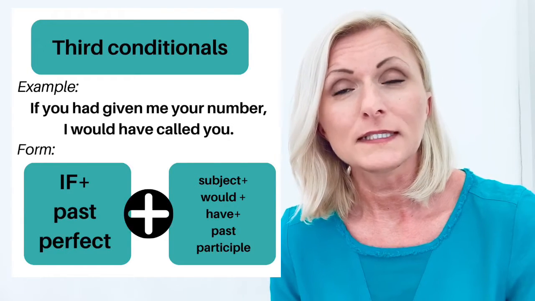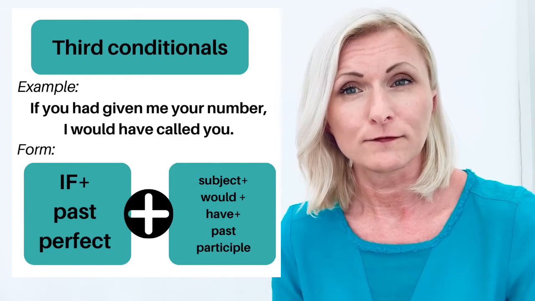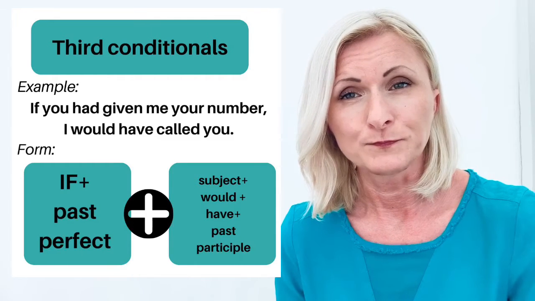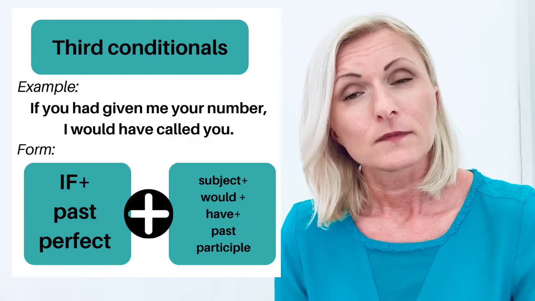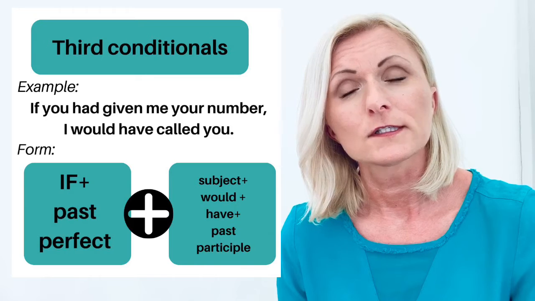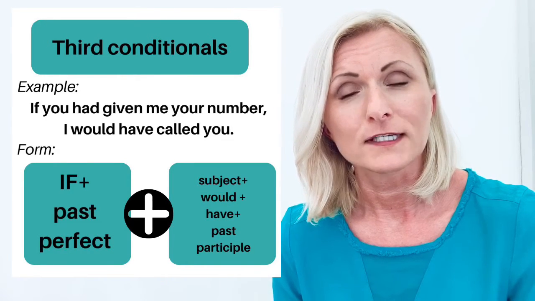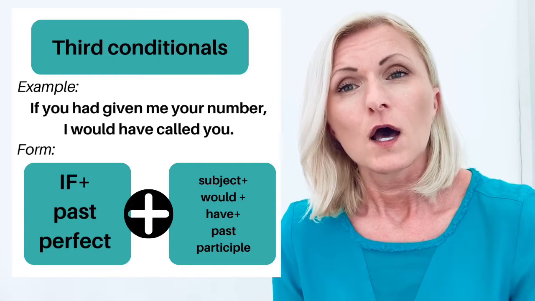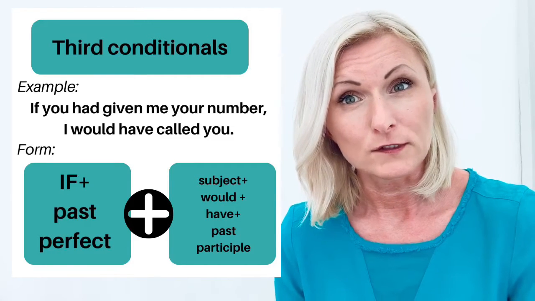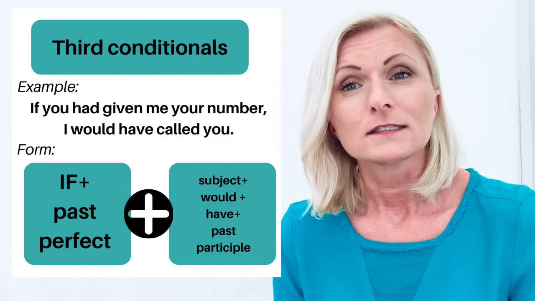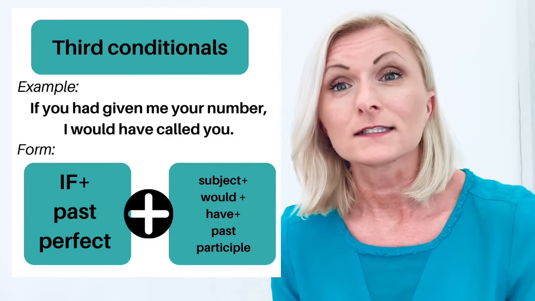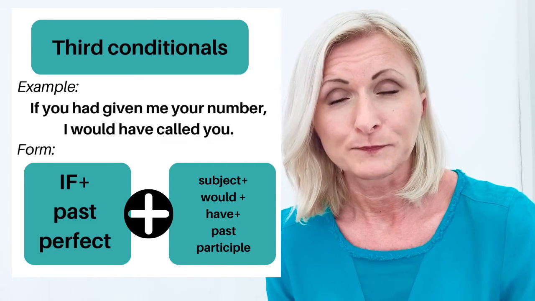So would have been, would have seen, would have finished, and so on. So remember that the third conditionals always talk about a past hypothetical situation, a past condition that was not met, and the result that did not happen.